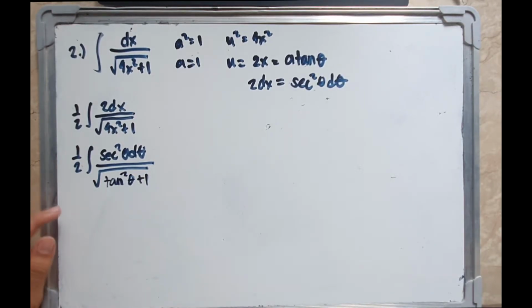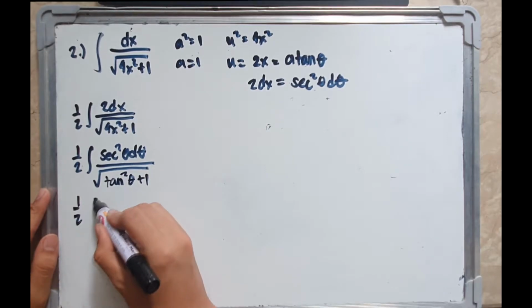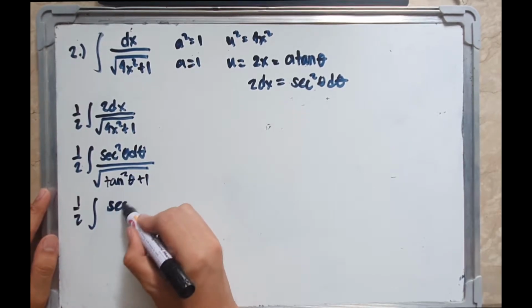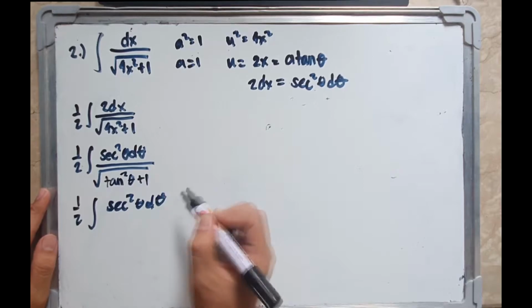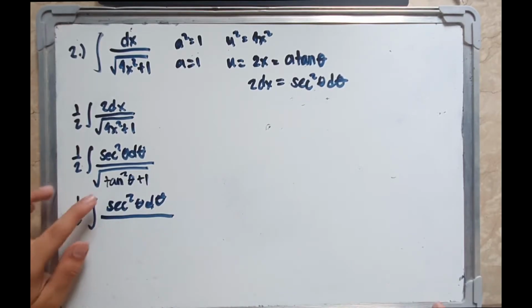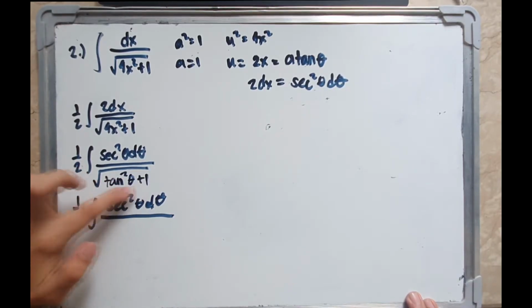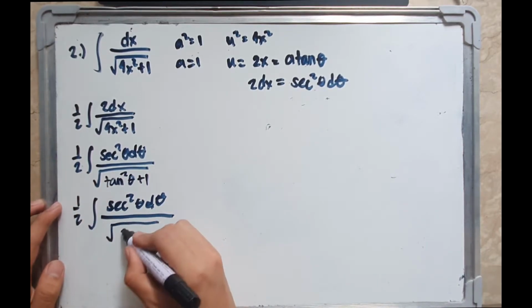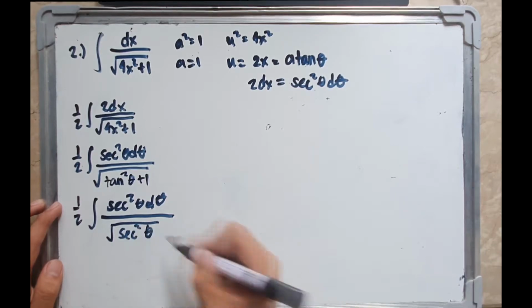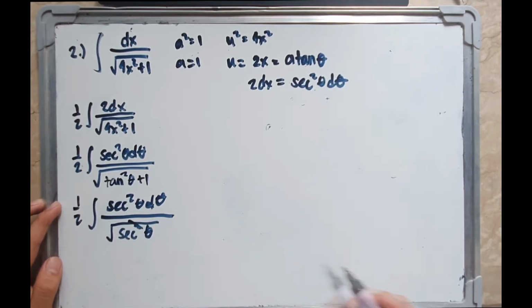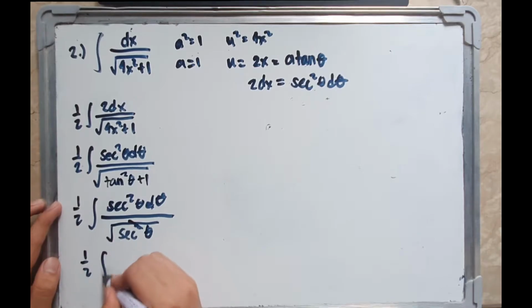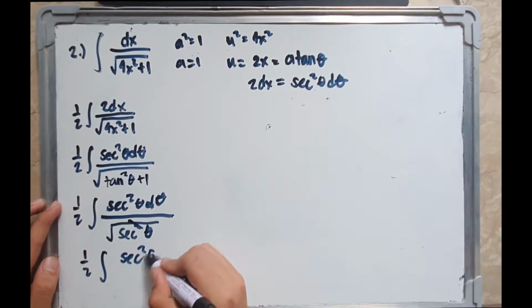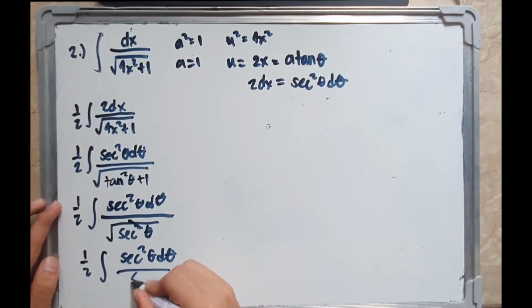So let's have 1/2 integral of secant squared theta d theta divided by the square root of tangent squared theta plus 1, that is equivalent to secant squared. Canceling this one, now we have 1/2 integral of secant squared theta d theta over secant theta.